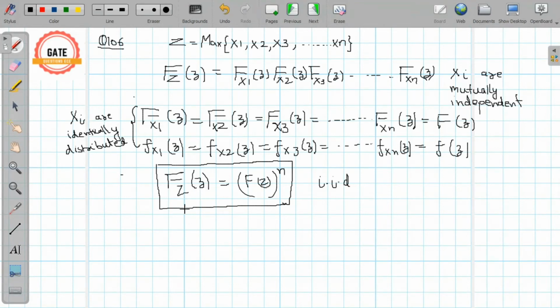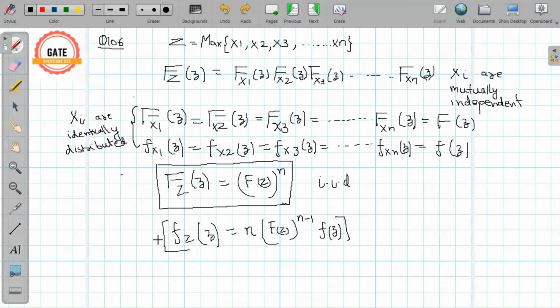By differentiating this, we can get the result for the PDF of Z. Differentiating both sides with respect to z, the PDF of Z will be equal to n times F(z) raised to power n minus 1, and then the differentiation of capital F of z, which will be small f of z.